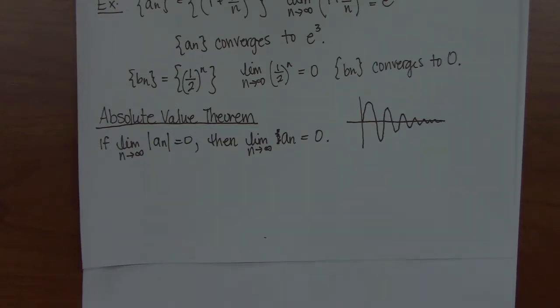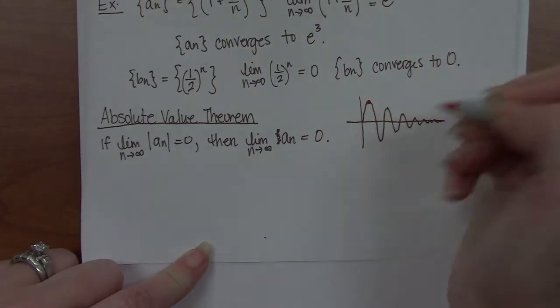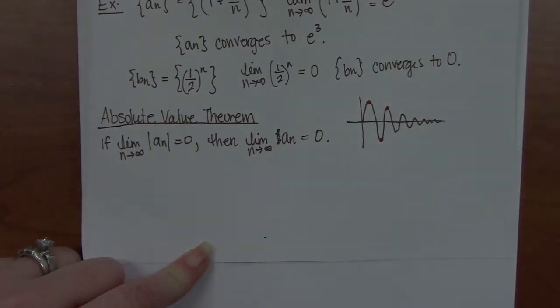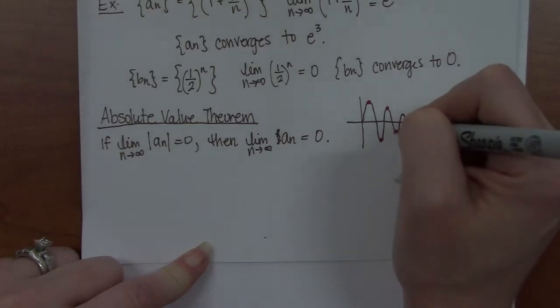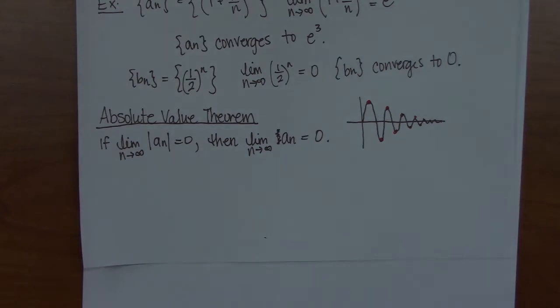If you were to graph an alternating series that was trending towards zero, it would look something like this. You would see a positive term, and then a negative term, and then another positive term that was a little bit less, and then another negative term, positive, negative, positive, negative. What we're seeing here is the value of these numbers are starting to settle around zero.